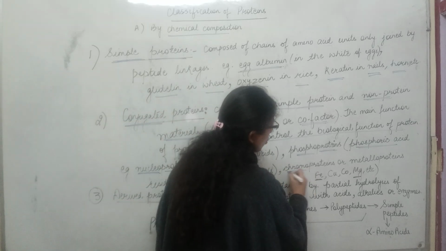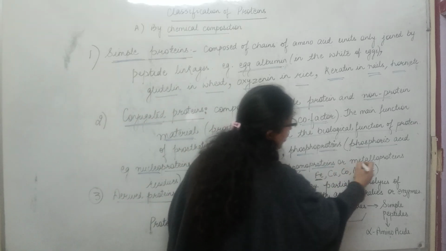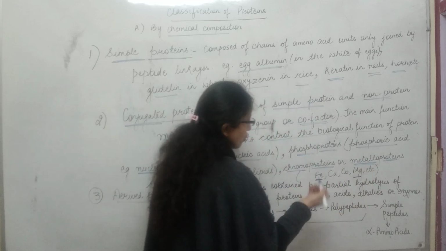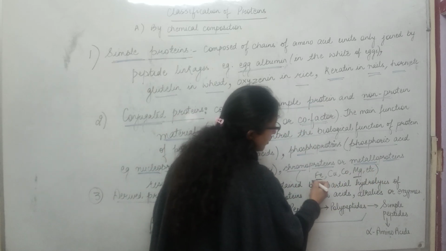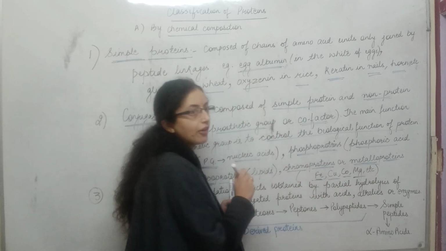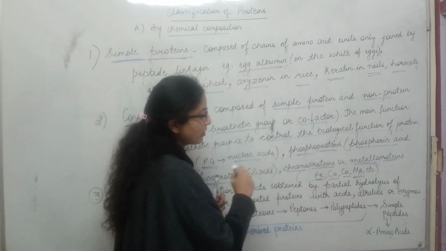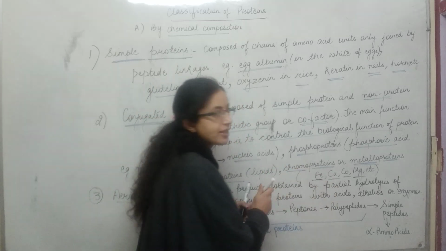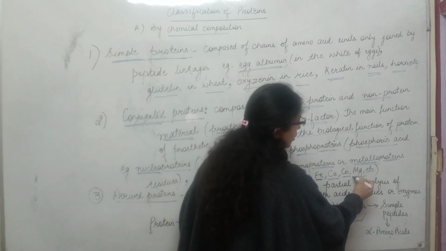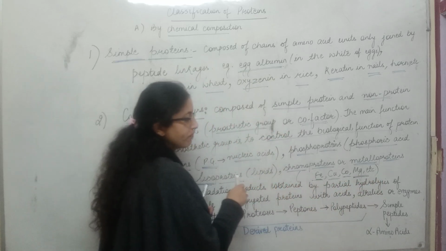Then we have chromoproteins or metalloproteins. So metallo word comes from metal. So generally some metal atoms like iron, copper, cobalt, magnesium are present. Like we have hemoglobin. Hemoglobin में क्या होता है? Iron. It is a complex of iron. Then we have this chlorophyll, which is a complex of magnesium.